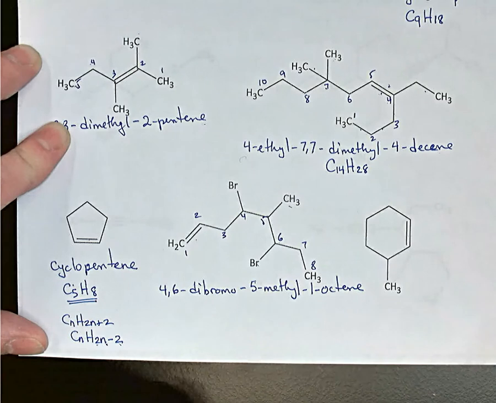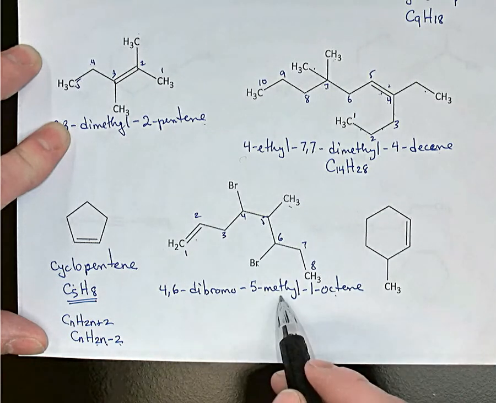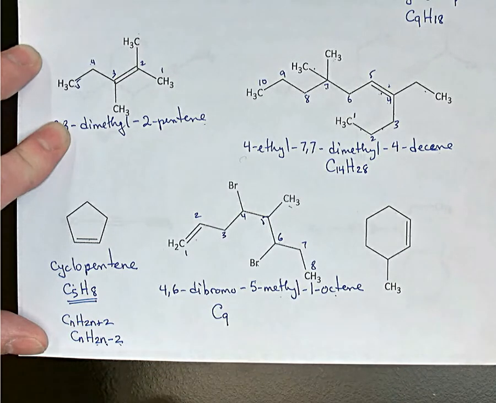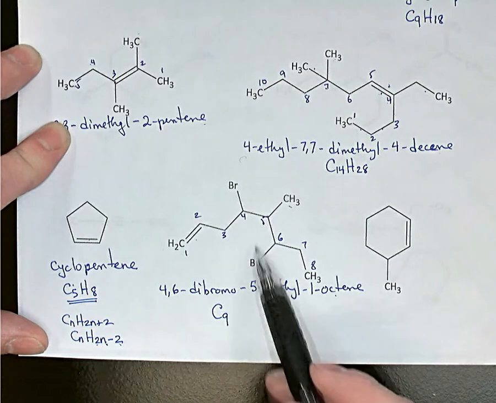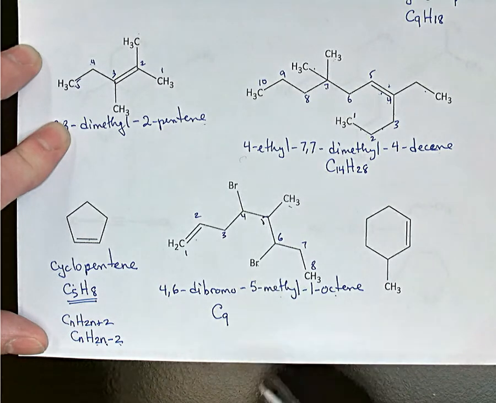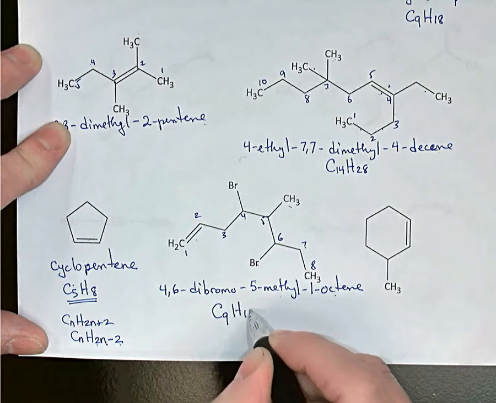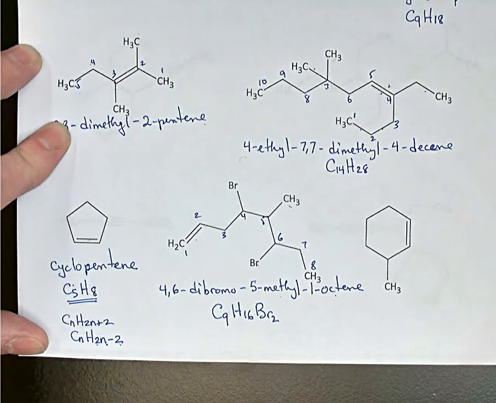That's chemical formula. 8 carbons plus 1 more is 9, so there's 9 carbons. It's an alkene, so C9 we would expect to have twice the number of hydrogens. We'd think H18, but 2 of the hydrogens have been replaced with bromines. So instead of H18, it's H16, and then there's those 2 bromines attached as well.